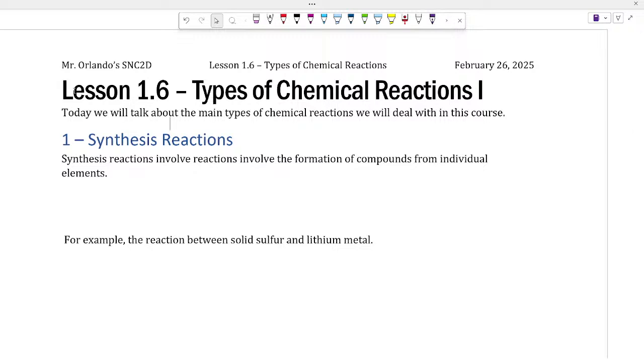Here's the basic idea. The basic idea for a synthesis reaction is that you take something, doesn't matter what it is, and you react it with some other thing, doesn't matter what it is, and those are going to make some new thing, a single thing put together.